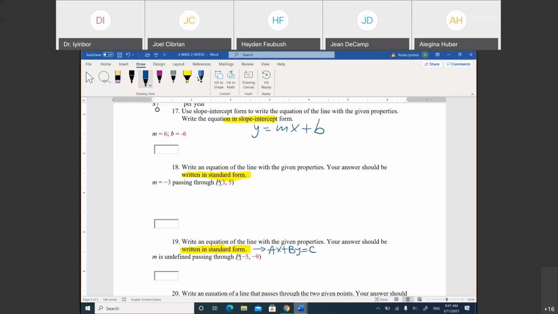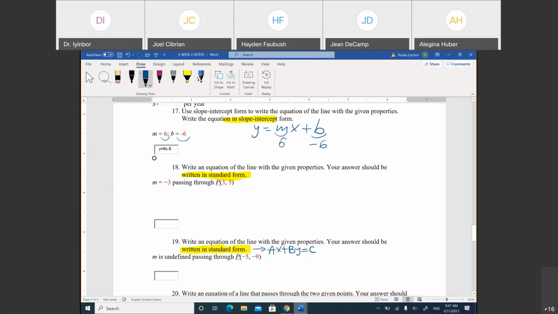So for number 17, they want me to use this formula, and they give me m, they give me b. So what I'm doing, I'm just plugging in the numbers. m is 6, b is negative 6. So we're just gonna rewrite the equation. If they ask you to find the equation, always have x, y, and numbers. So the equation is y equals 6x plus negative 6, which is minus 6.